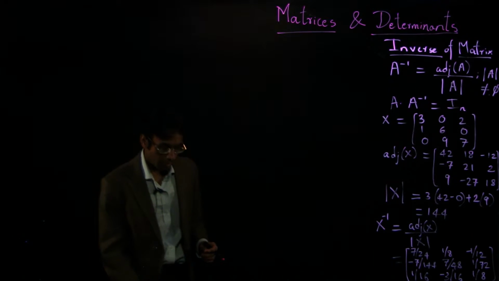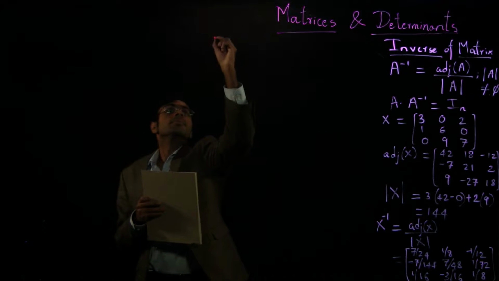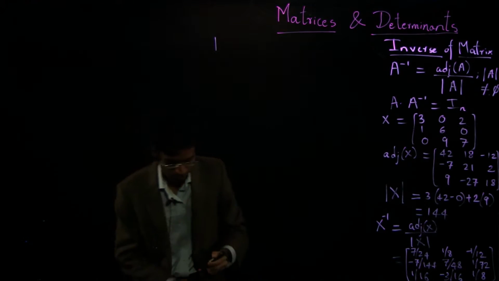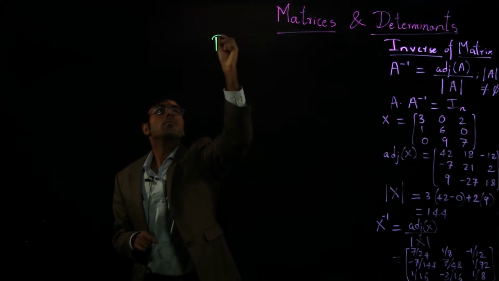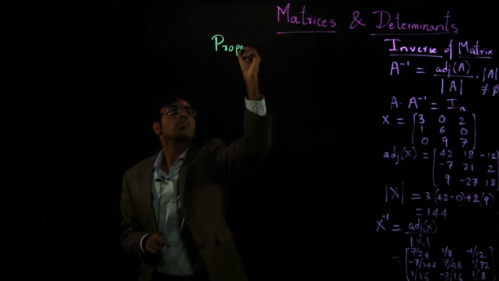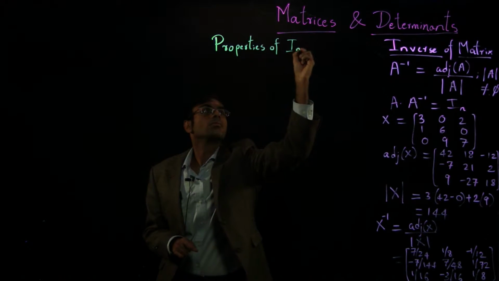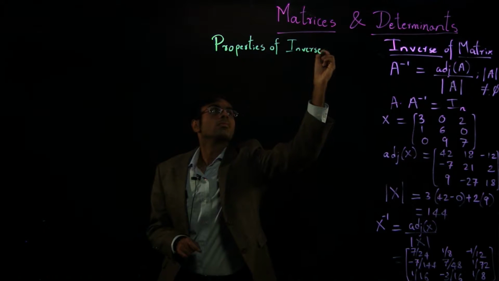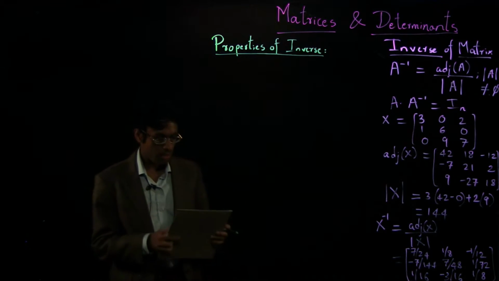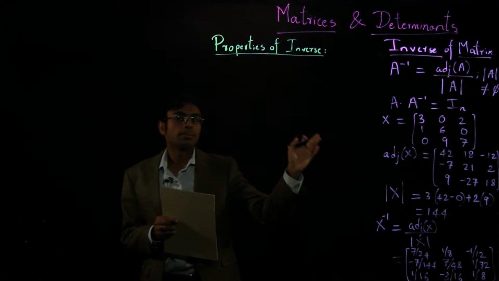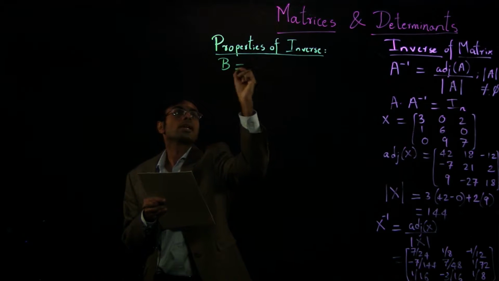Now we need to look at some properties of the inverse. Let's say you're able to find out the inverse of a matrix A such that B equals A inverse.